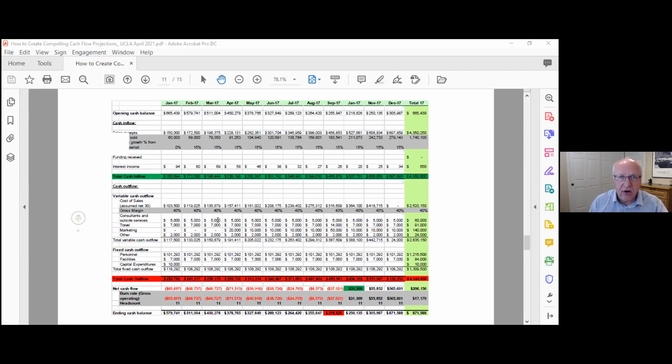This isn't to get you all the way to the finish line. It's to get you to the next pit stop, where you need more money, but you've reached a point where the company is more valuable, less risky than it was when you first started.